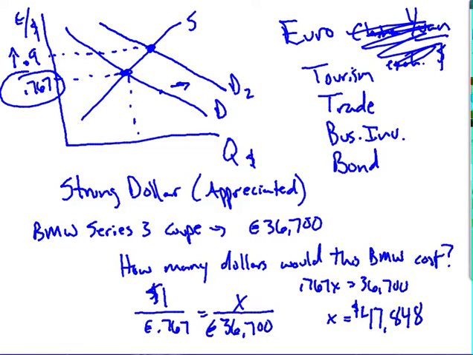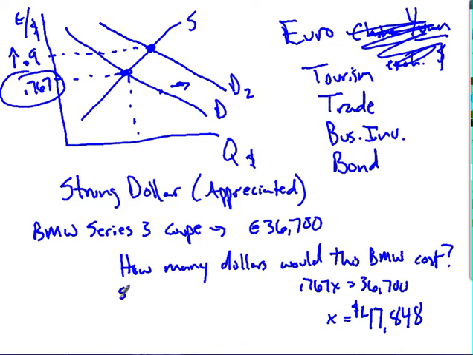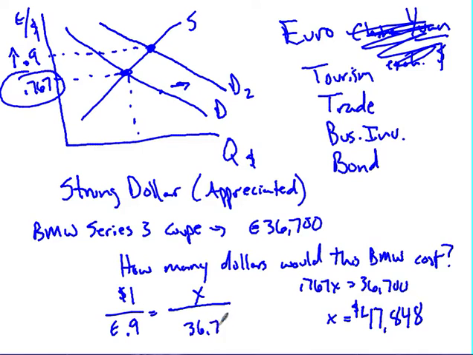So let's get rid of some of this. Now $1 is equal to 0.9 euros, and we're still trying to find how many dollars it takes to buy something for 36,700 euros. And so we do this cross multiplication again.